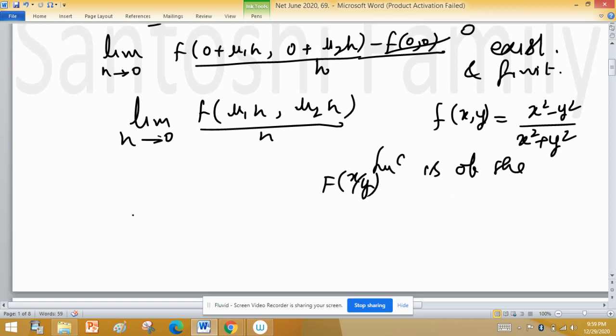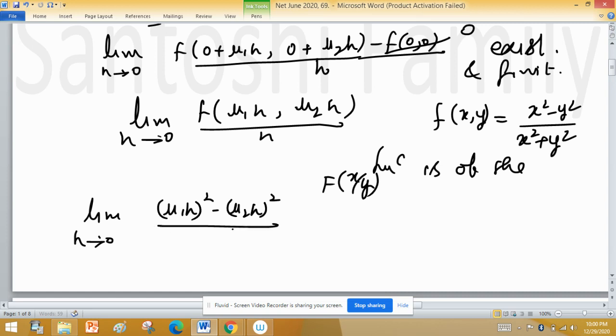So the limit can be written as (u1 h square minus u2 h square) divided by (h u1 h square plus u2 h square).